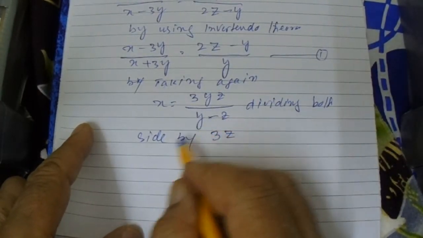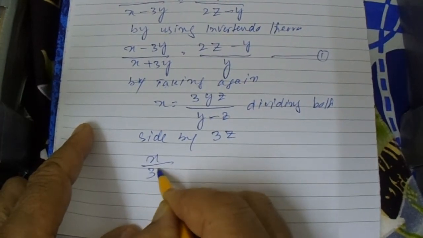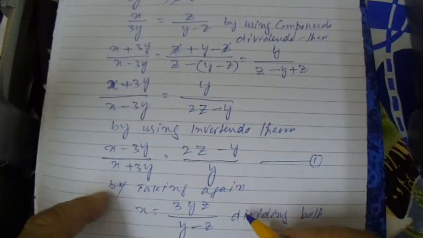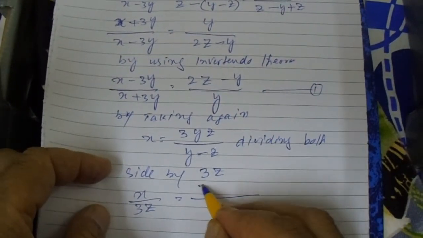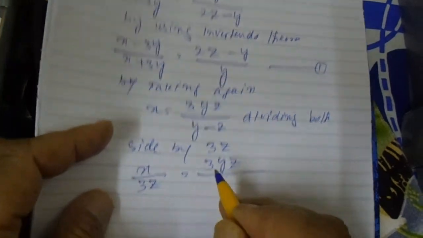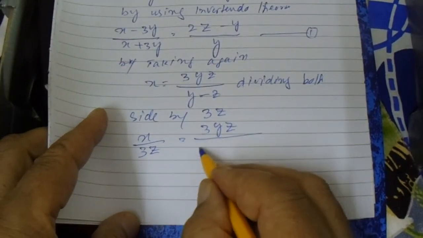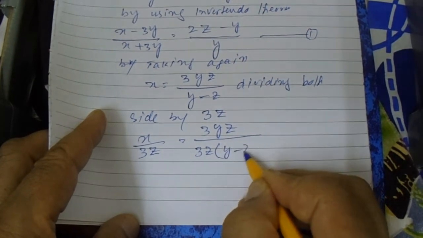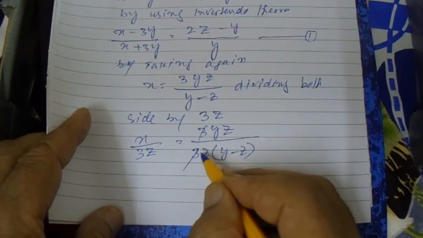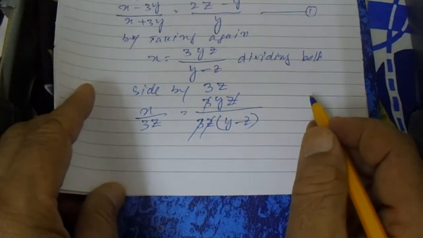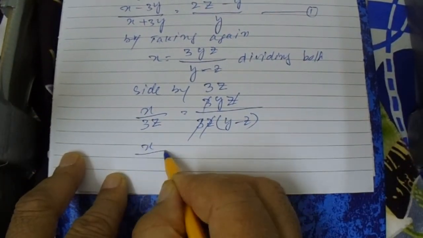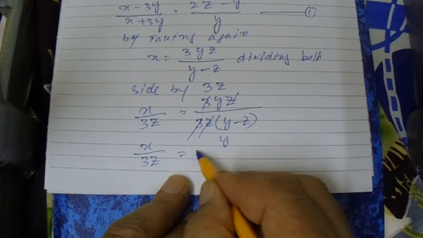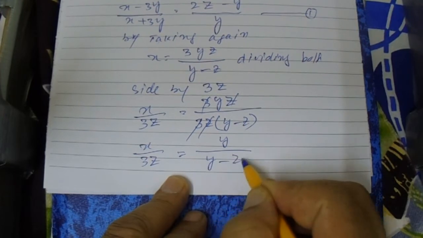Now x over 3z is equal to 3yz over 3z in bracket y minus z. 3 will cancel, z will cancel, and we have right here x over 3z is equal to y over y minus z.